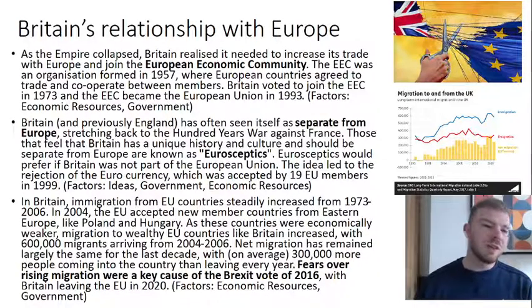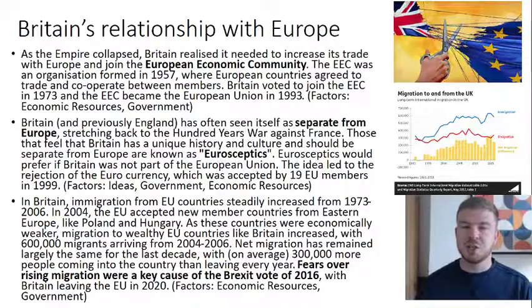And those that feel that Britain has a unique history and culture and doesn't need to be united with Europe are known as Eurosceptics. So Eurosceptics would prefer that Britain would stand alone, would not be part of the European Union, and that idea of Euroscepticism has had quite a few impacts over the last 30 years.